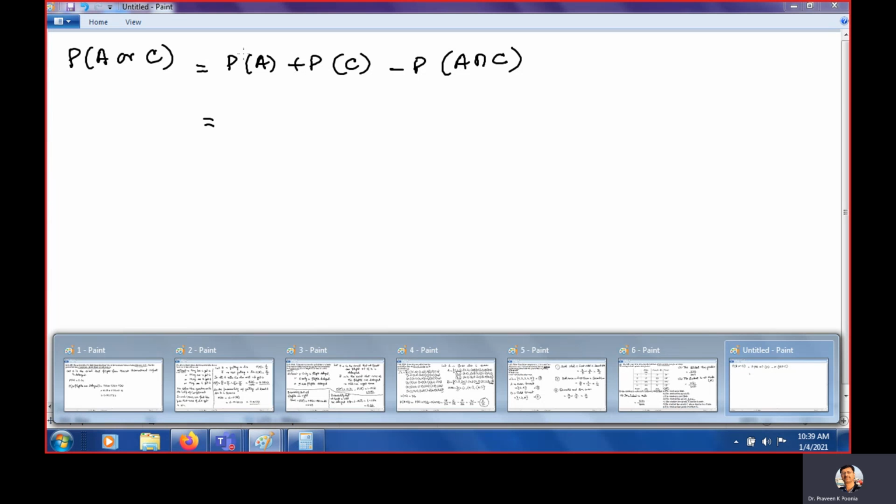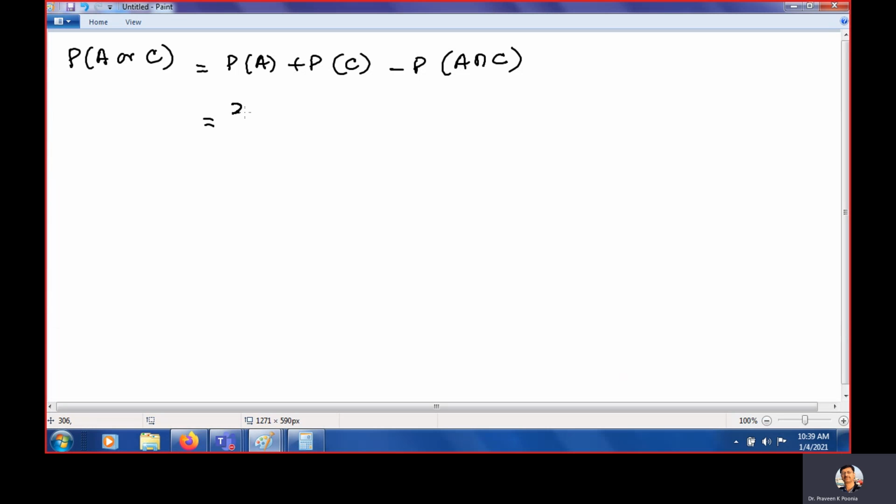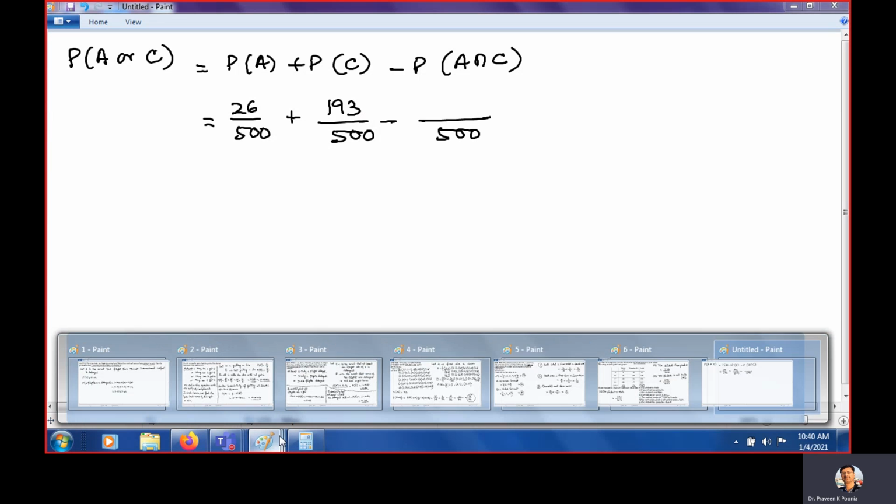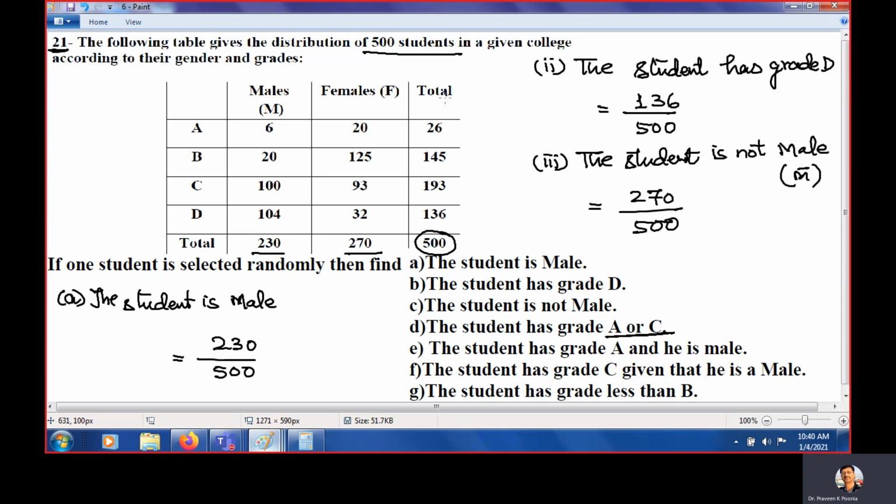So probability of A means it is 26 upon 500. Probability of C grade means 193 upon 500 minus. How many common between A and C grade? There is no common student between A and C. Clear?